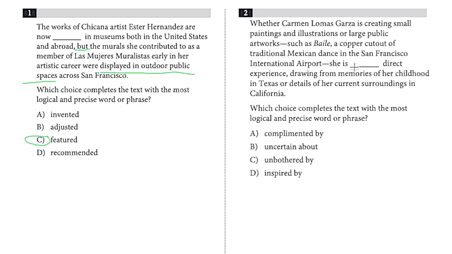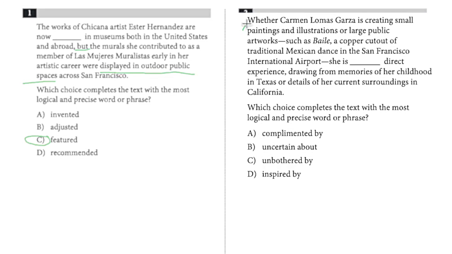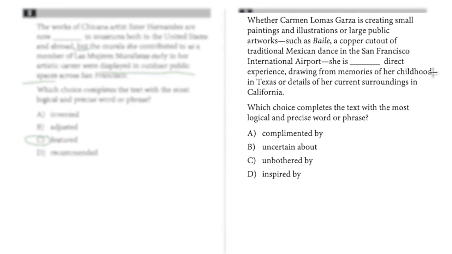All right, and this one, we do have a really long sentence starting at the beginning, so I do have to read through. "Whether Carmen Lomas Garza is creating small paintings and illustrations or large public artworks," I'm going to not read this part, because whenever you see those two dashes, that means this is basically extra detail, non-essential information. So I'm going to ignore it just to get a better idea of what's going on.